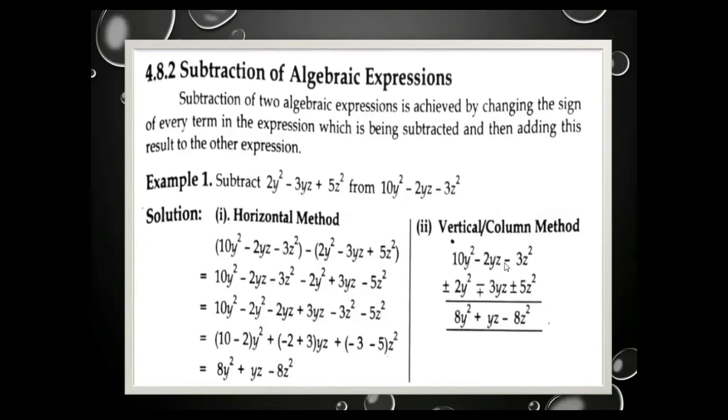We write one polynomial and then write the second polynomial by taking their like terms. As we observed, 10y square and 2y square are the like terms and the others are also written like that. We observed that in the second polynomial their signs are plus, minus and plus.